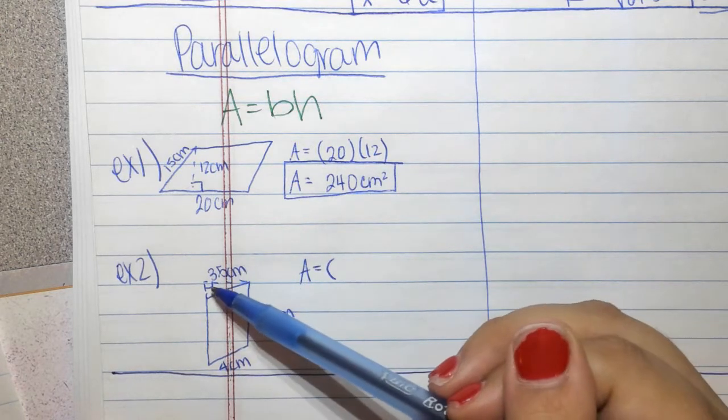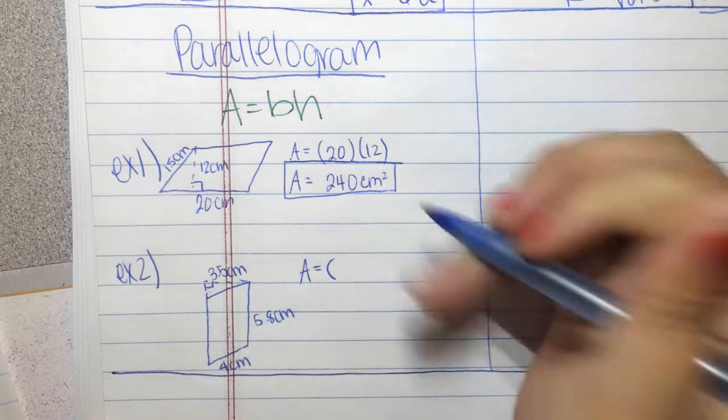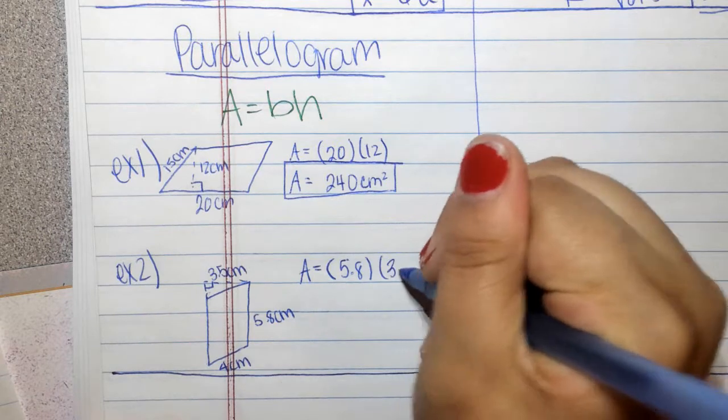Remember, it has to be at the right angle. Now I know there's a little bit of gap here, but this side is at the right angle. So your base is 5.8 and your height would be 3.5.